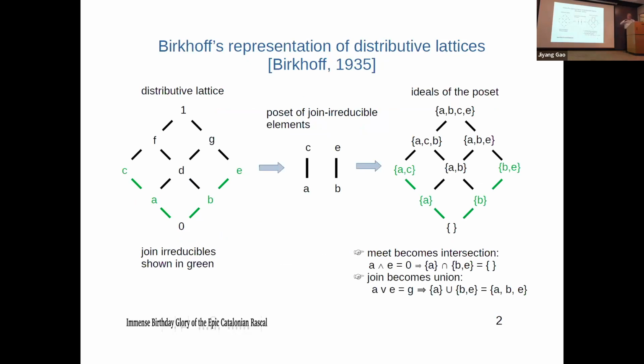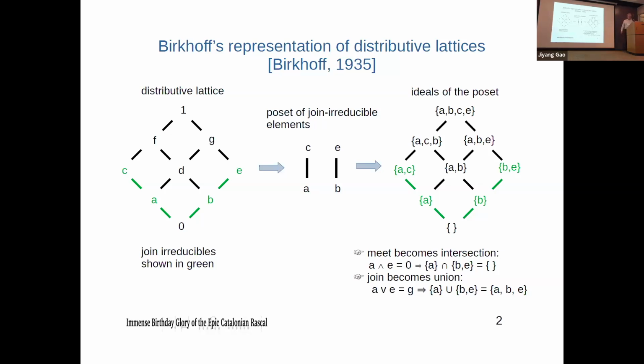Birkhoff's representation theorem is a beautiful classical result. The representation is constructed by first identifying the join irreducible elements of the lattice, those that cannot be expressed as the join of smaller elements. The join irreducible elements are the elements that cover exactly one element. On the left, the lattice has 4 join irreducible elements shown in green.